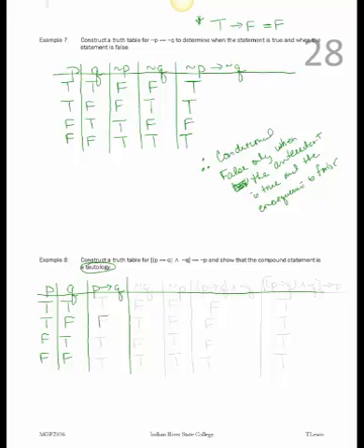So everything else is going to be true. And then next, how do you go in order? Since we completed the parentheses, let's write not Q. F, T, F, T.